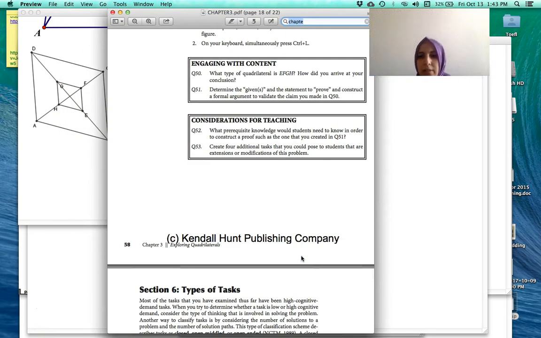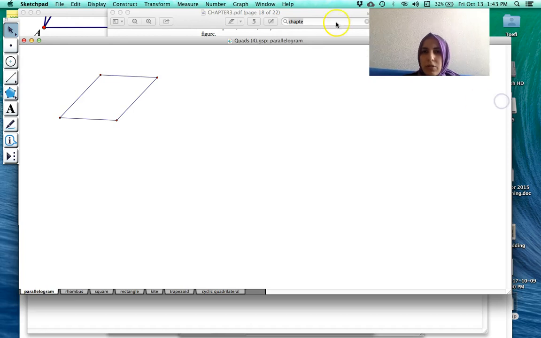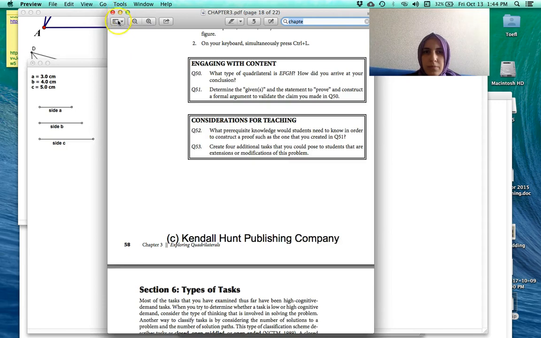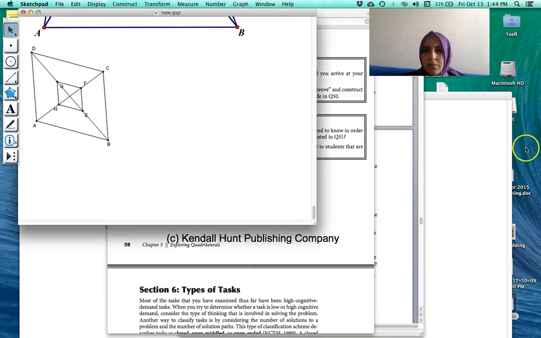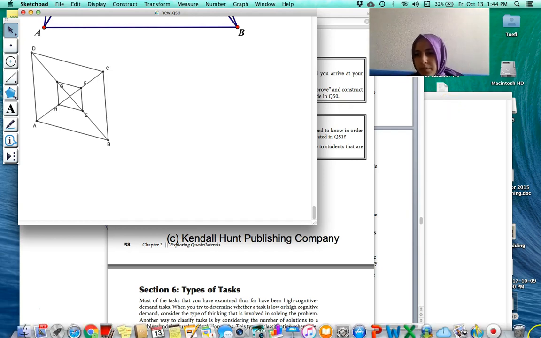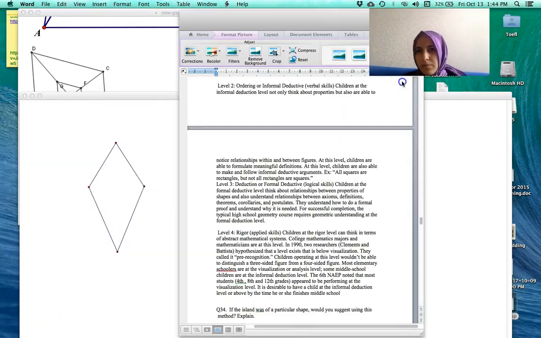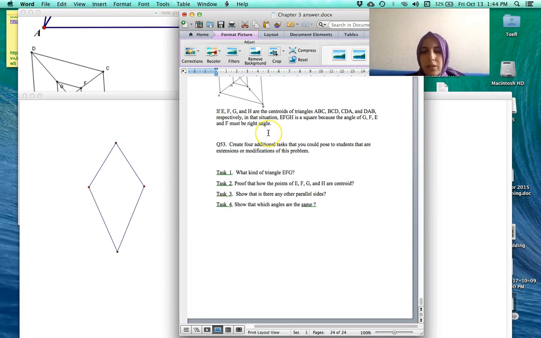Okay, look at the last question. Question 53. Create 4 additional tasks that you could pose to students that are extensions or modifications of this problem. Task 1 can be: what kind of triangle is EFG?